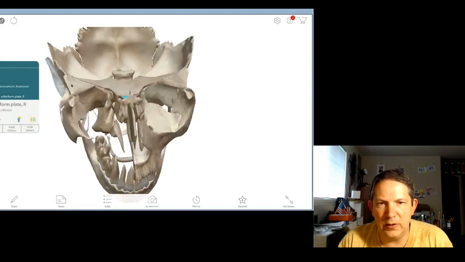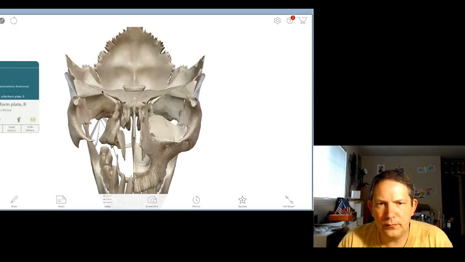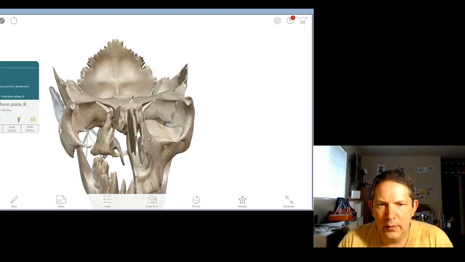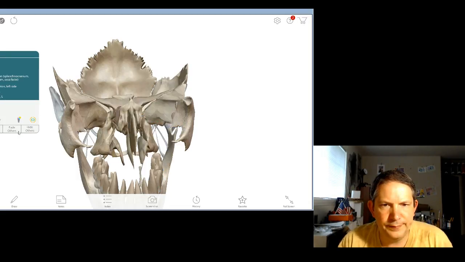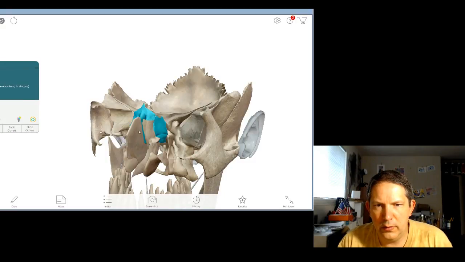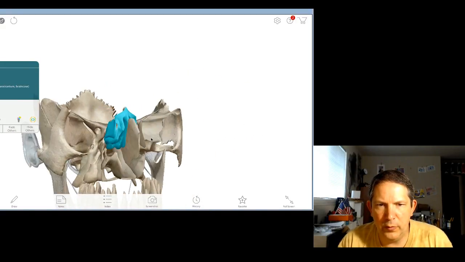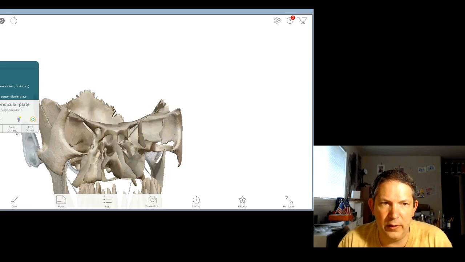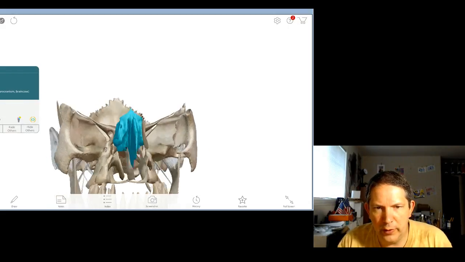We're not quite finished with it. I may remove another maxilla here, and so there's the ethmoid bone. Here's the perpendicular plate of the ethmoid bone, which, since I can, I'm going to hide it for now. Oops, nope, I don't want to hide it. I wanted to show the whole ethmoid bone.